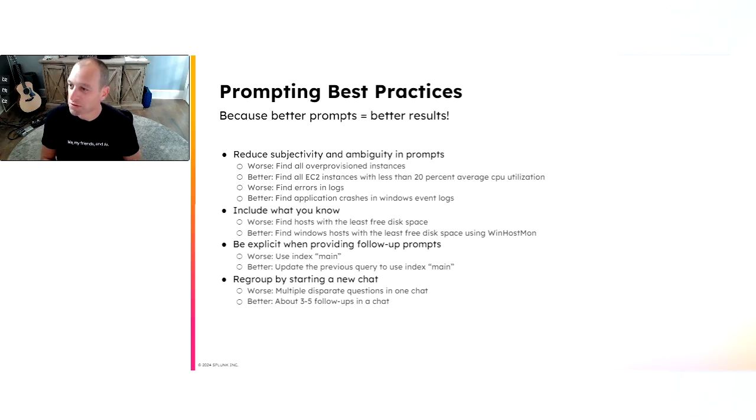So they'll give, quite frankly, a really terrible prompt, and "find errors in logs" is not a very helpful prompt, right? We want to be as descriptive as we possibly can. So consider reducing subjectivity and ambiguity within the prompts. Some examples of that: "find all over provisioned instances." Well, there's some subjectivity in what over provisioned is.